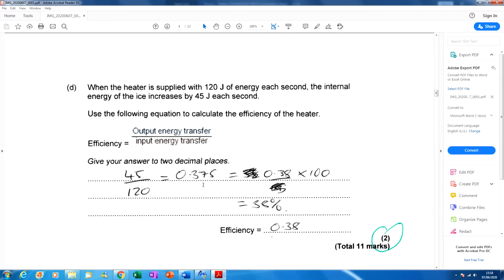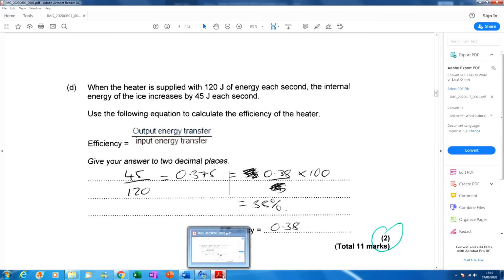So 2 points here. You could just write 0.38 because that's a decimal efficiency. Decimal efficiencies are always numbers between 0 and 1. If you don't have numbers in that range, you're wrong. You could also times it by 100 and get 38%, because percentage efficiencies are also valid ways to give efficiencies.